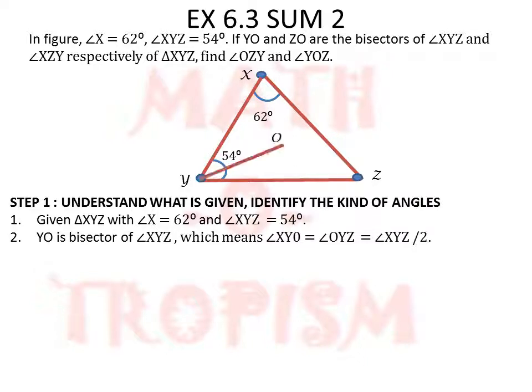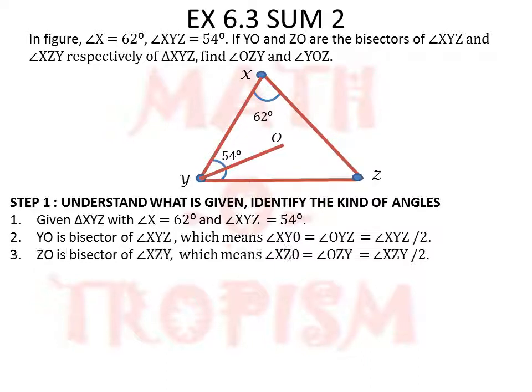Now what does that mean? That means that the angle XYZ has been split into two with XYO equal to OYZ. Both are equal to half of the total angle XYZ. Similarly, ZO is the bisector of angle XZY, which means that angle XZO will be equal to angle OZY and both will be equal to half of the total angle XZY.